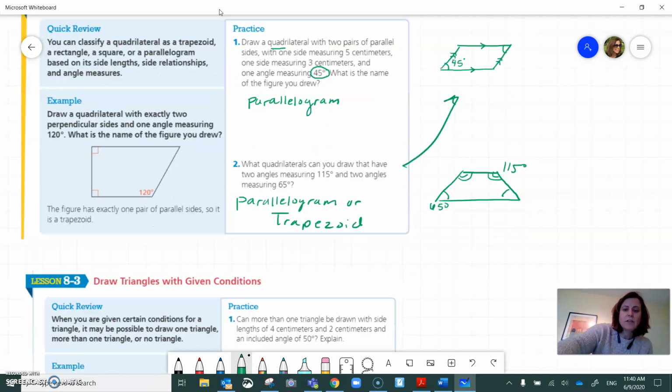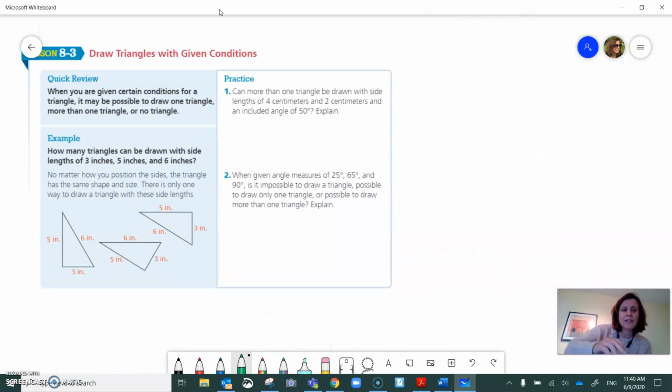Okay, so 8.3 was the one that really gave us a lot of trouble. Number 1, can more than one triangle be drawn with the side lengths of 4 centimeters and 2 centimeters and the angle between them being 50 degrees? So I'm gonna draw this part. I'm gonna call this 4 centimeters. I'm gonna call this 2 centimeters, and then I'm gonna say that this angle is 50 degrees.